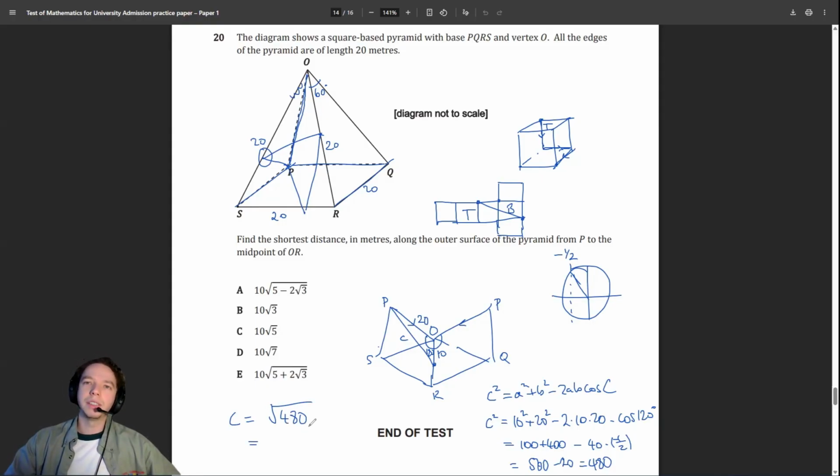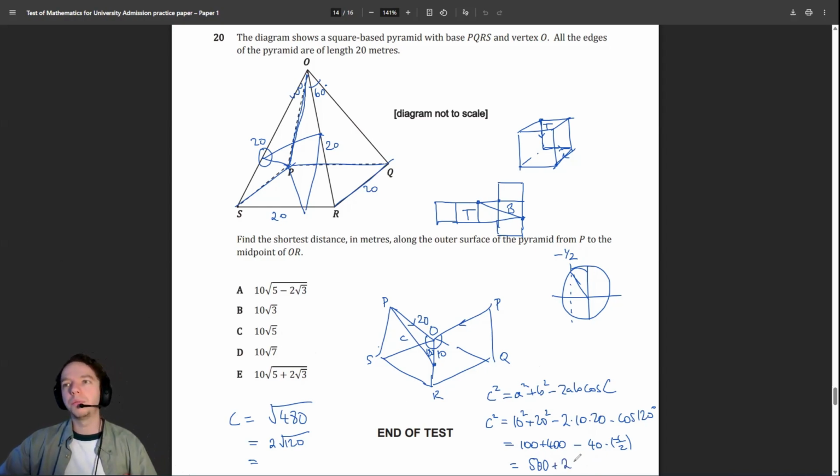Which, let's see, what's the biggest square factor? I can take out a 4, then take out 4 again. It's not looking good, because I see a lot of 10s and I can't get a 10.